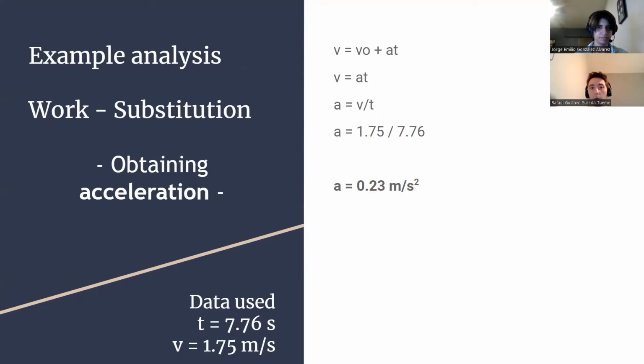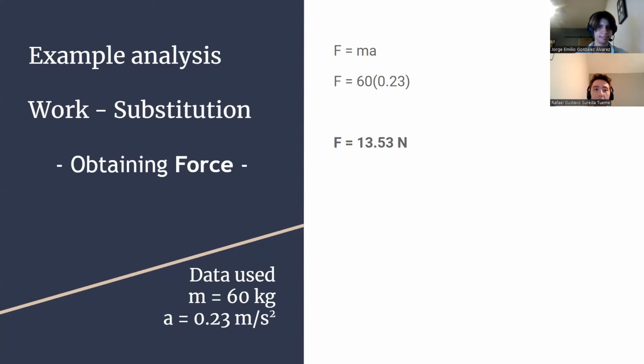In this case, we will use the formula velocity equals initial velocity plus acceleration times time, which will be rewritten as velocity equals acceleration times time. And we will find that the acceleration is equal to 0.23 meters per second squared. After we find the acceleration, we will find the force, using the mass and the acceleration.